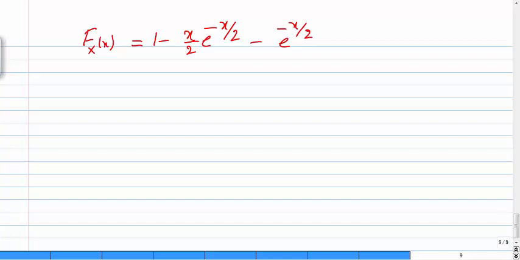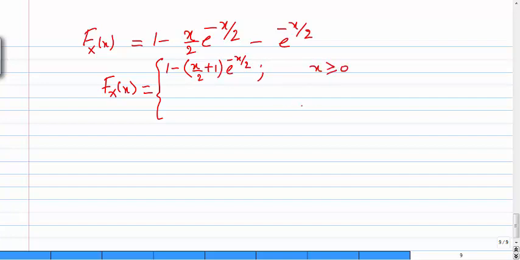Now we can further rewrite it as F_X(x) is equal to 1 minus (x by 2 plus 1) times exponential minus x by 2. This is only possible when x is greater than 0 and otherwise it is 0.